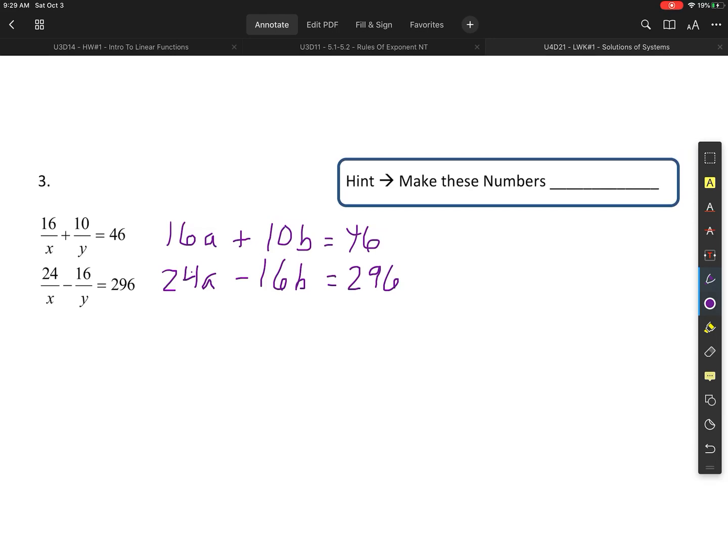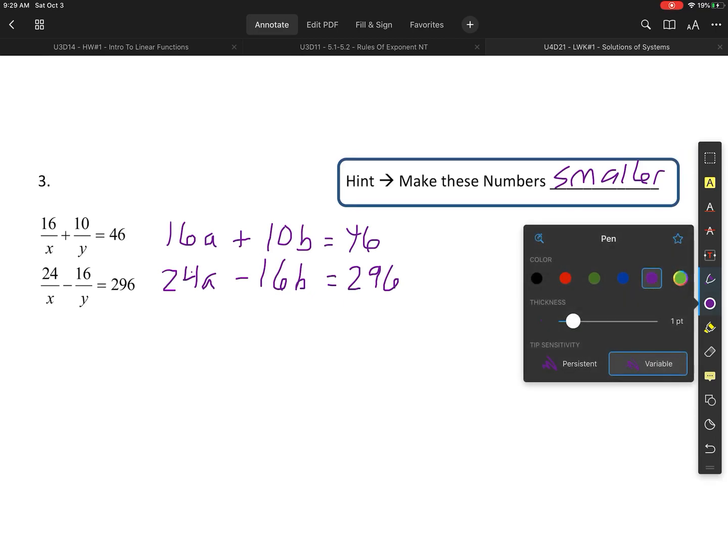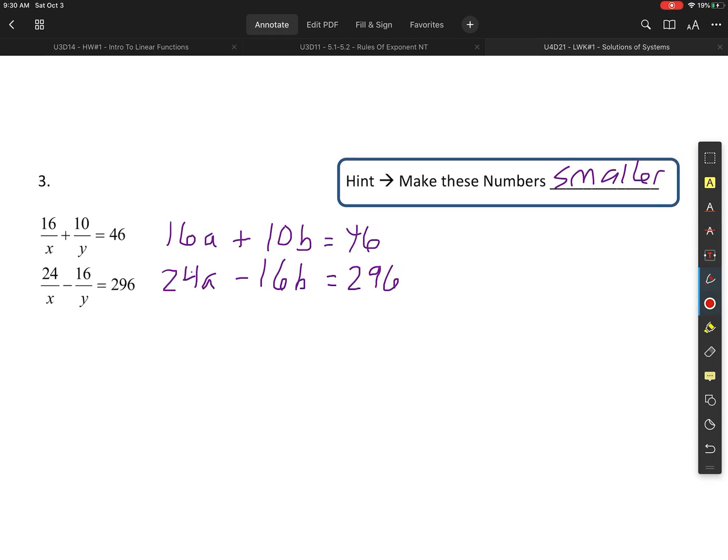The second way is to make these numbers smaller. So what do I mean by that? I can take my top equation, 8, 10, 46, I can divide it by 2. I could take my lower equation, 24, 16, 296, I could divide it by 8.